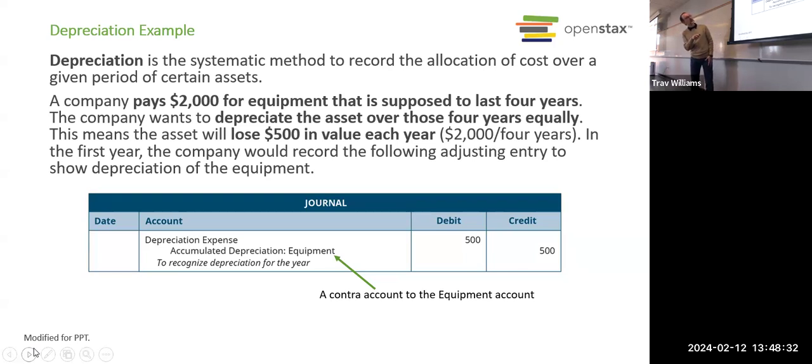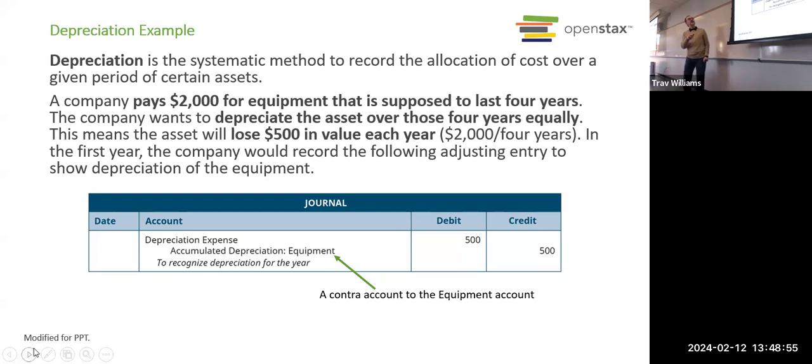So in this case, we bought $2,000 of equipment. We're depreciating $500 per year. So at the end of every year, we have to remember to record $500 of depreciation on that asset until it is fully depreciated.